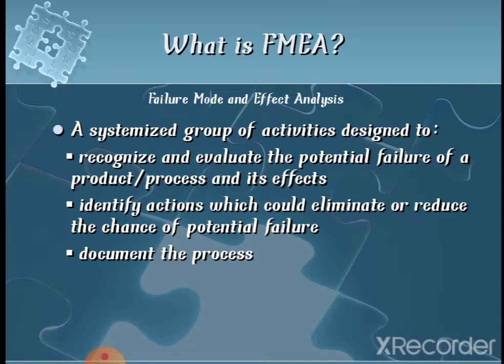It is a systematic group of activities designed to recognize and evaluate the potential failure of a product or process and its effect, identify actions which would eliminate or reduce the chance of potential failure, and document the process.